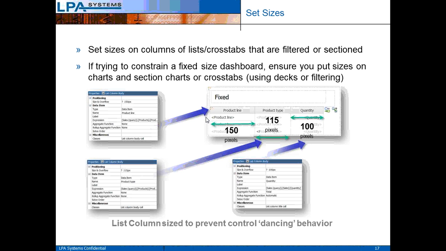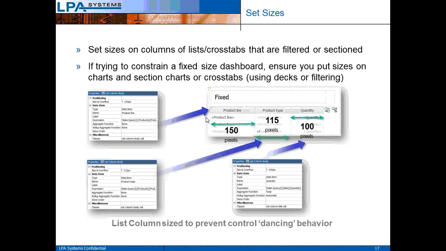Setting sizes is another important consideration for the user experience. Cognos generally does a really good job of formatting lists, crosstabs, etc. to fit the data that's being displayed within them. However, when you're using an active report and you're using these decks where you're switching from view to view, sometimes that can be a little annoying from an end user standpoint if the size of the chart seems to be dancing or the size of the columns dance all over the page.